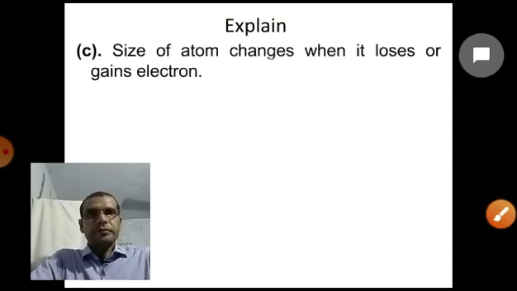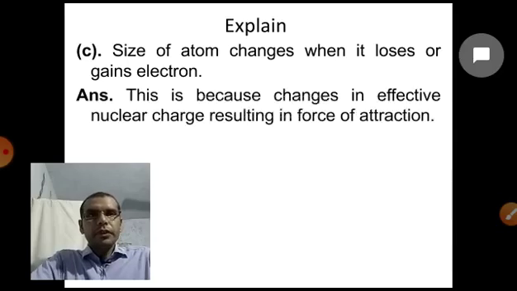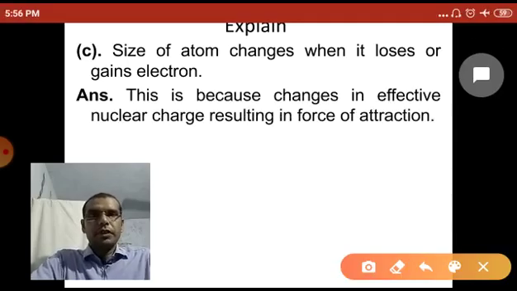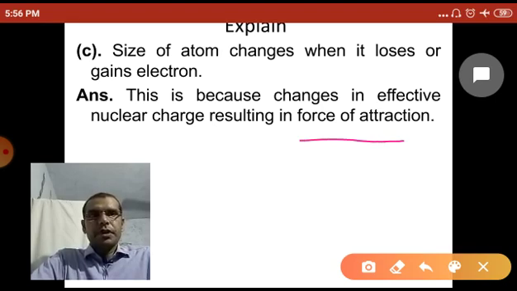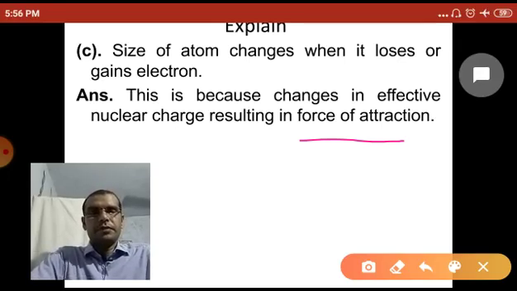Now explain: the size of an atom changes when it loses or gains electrons. This is because of the change in the effective nuclear charge, resulting in a change in the force of attraction. When the atom loses or gains electrons, it acquires a charge, and due to that the number of protons and the number of electrons become unbalanced.